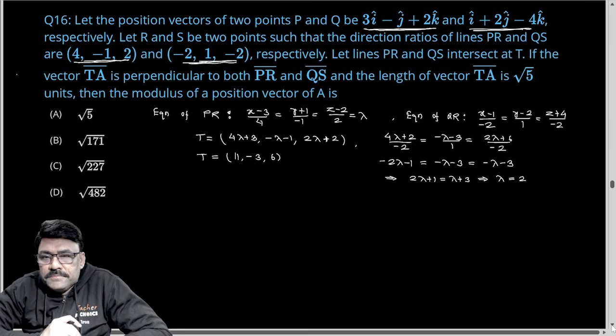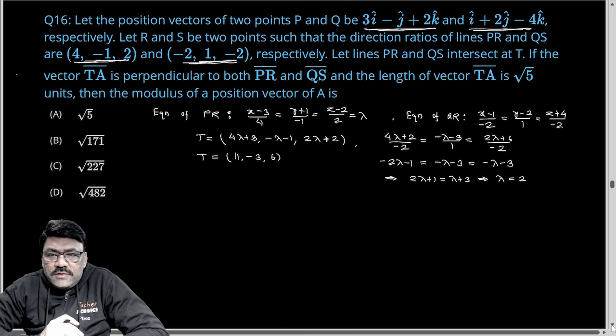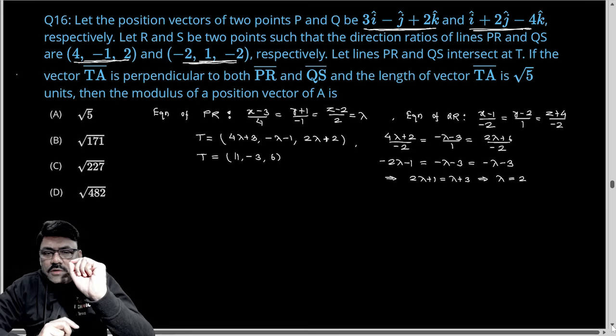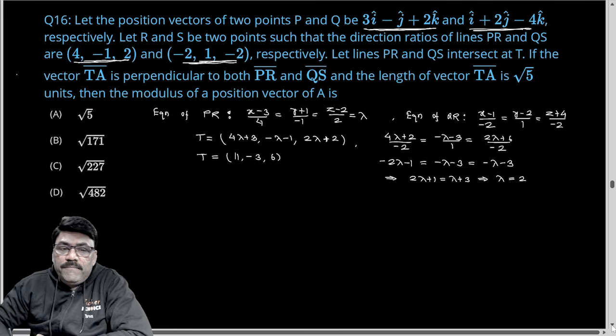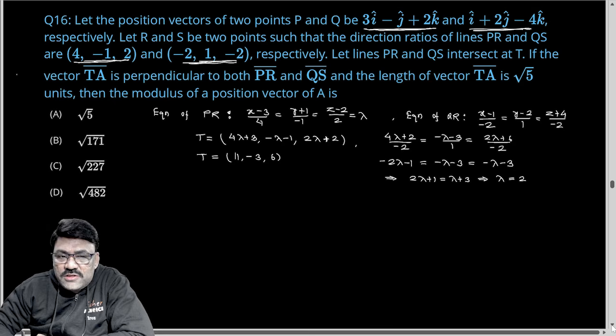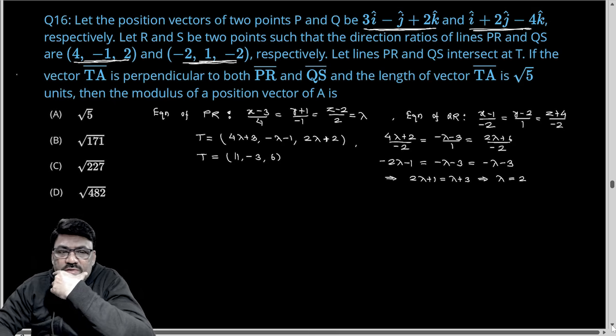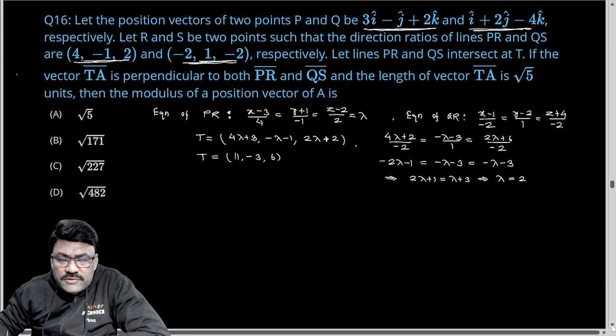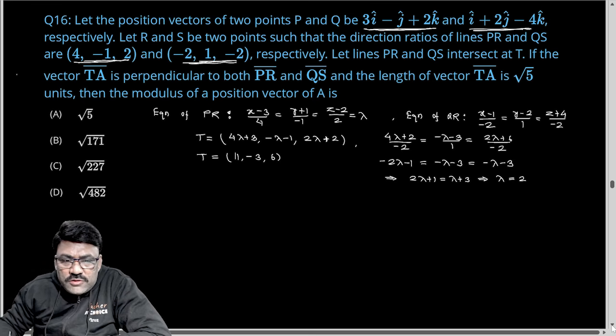This is the T point. Now they are saying that the line TA is perpendicular to both PR and QS. So the direction of this vector TA will be perpendicular to both the direction vectors of PR and QS. The direction ratios of the first line PR are 4, minus 1, 2.